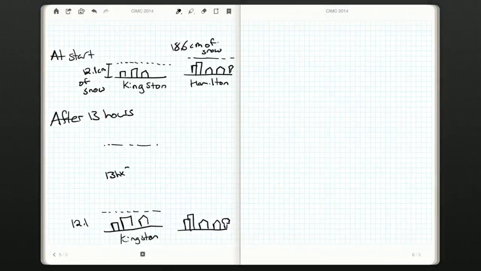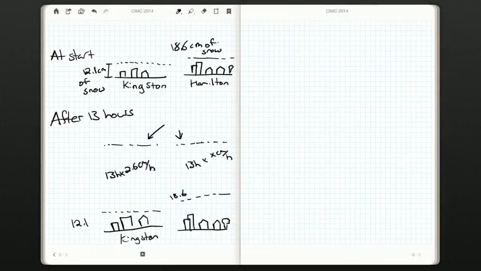So 13 hours at 2.6 centimeters per hour. That's our new snowfall. Hamilton was at 18.6, and now we have 13 hours of a rate of x centimeters per hour.